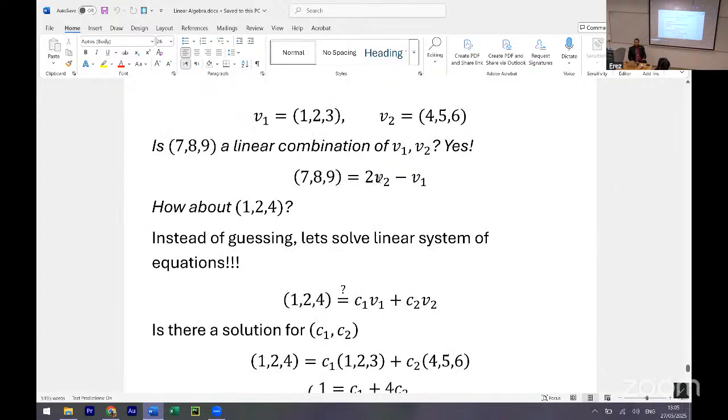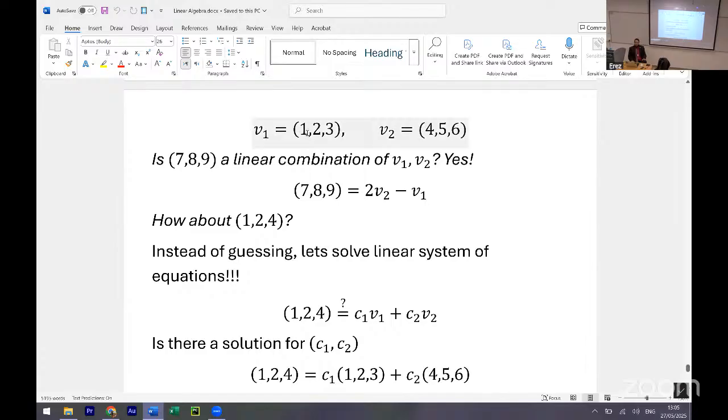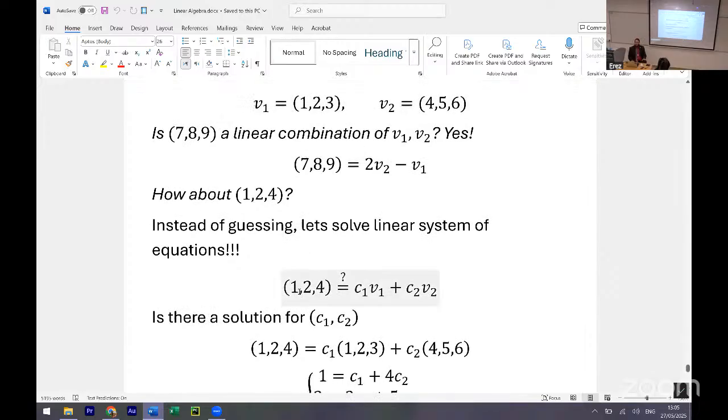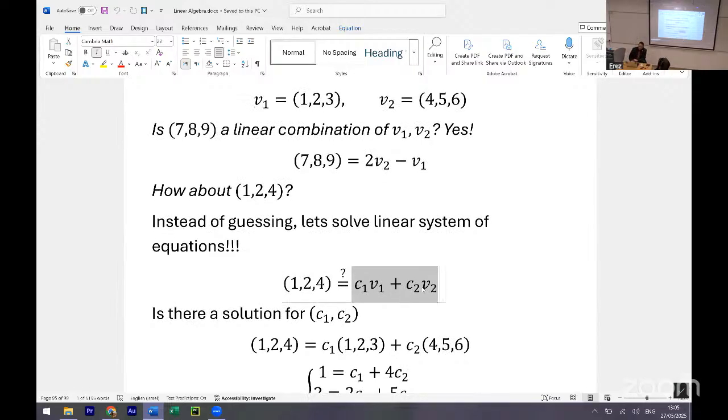We were given two vectors, 1, 2, 3, and 4, 5, 6, and we asked whether 1, 2, 4 is a linear combination of these two vectors, meaning can I get to 1, 2, 4 using only V1 and V2 and the operations? You can multiply by any scalar you like, and you can sum up two vectors.